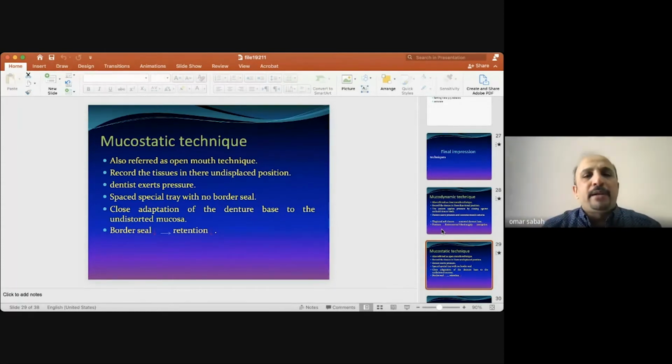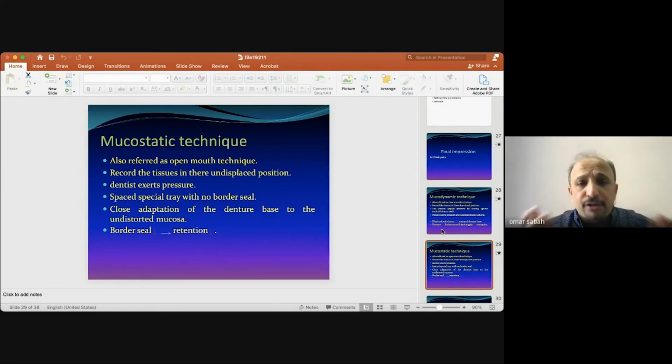Why? Because you should put the space for the final impression to record the final shapes of your depth, or the extensions of the flange of your dentures. Good? Because if you are now pushing your hands between your lips or cheeks and the buccal wall of the residual ridge, or your alveolar ridge, you can push. So you have some forces, you can push down and up.